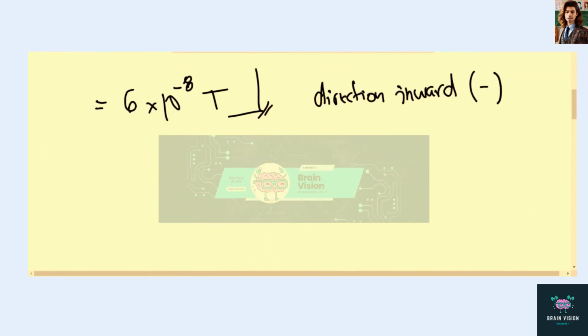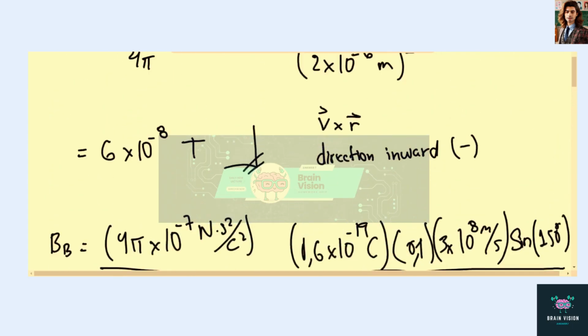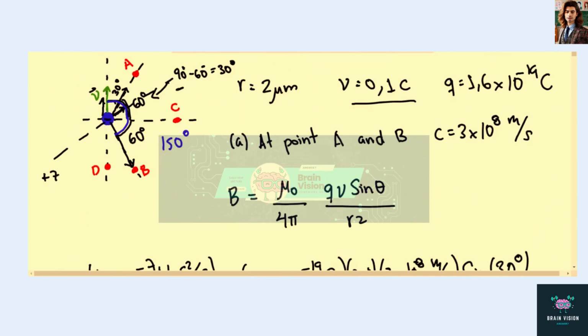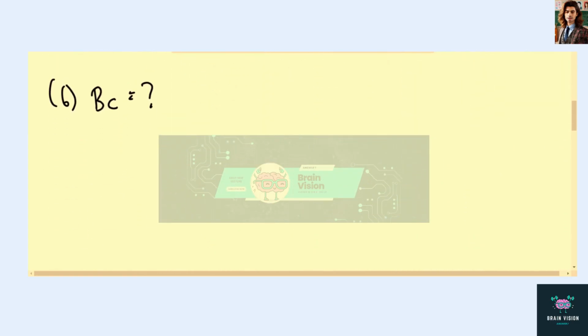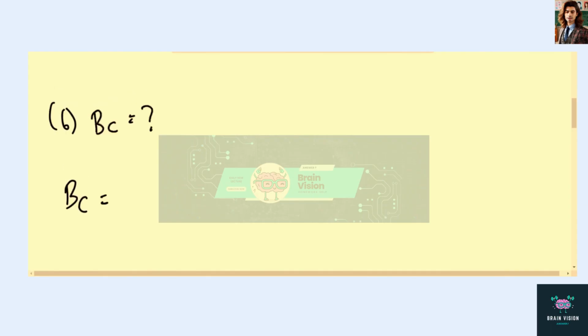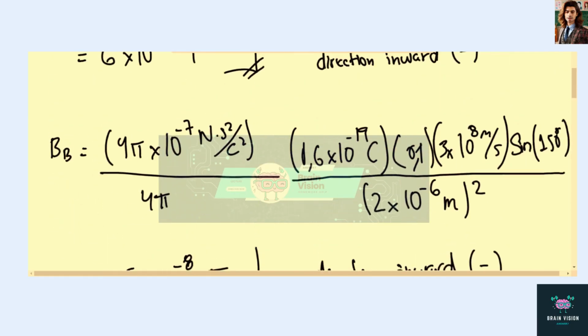Now, the next part of this problem is the magnetic field at the point C. So this is more straightforward. The point C is on the x-axis, so it will form 90 degrees with the velocity vector. We're going to put everything just as before.